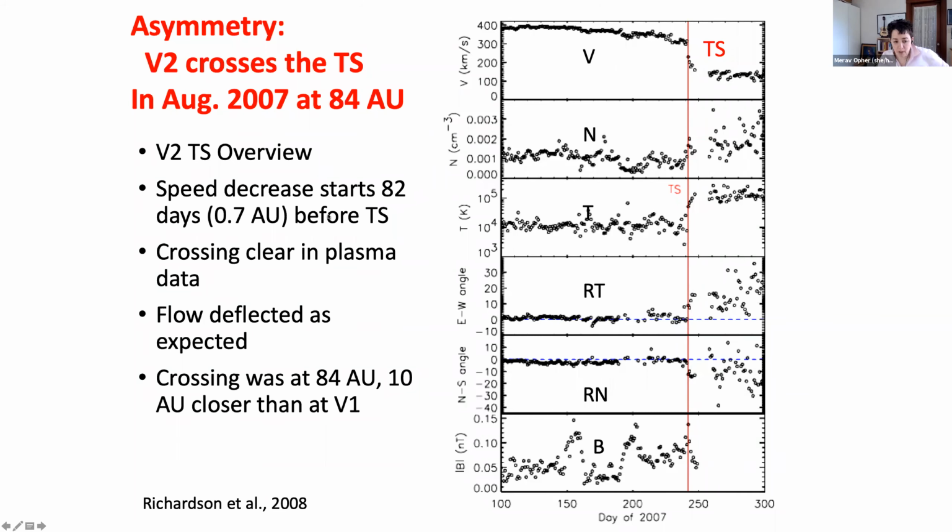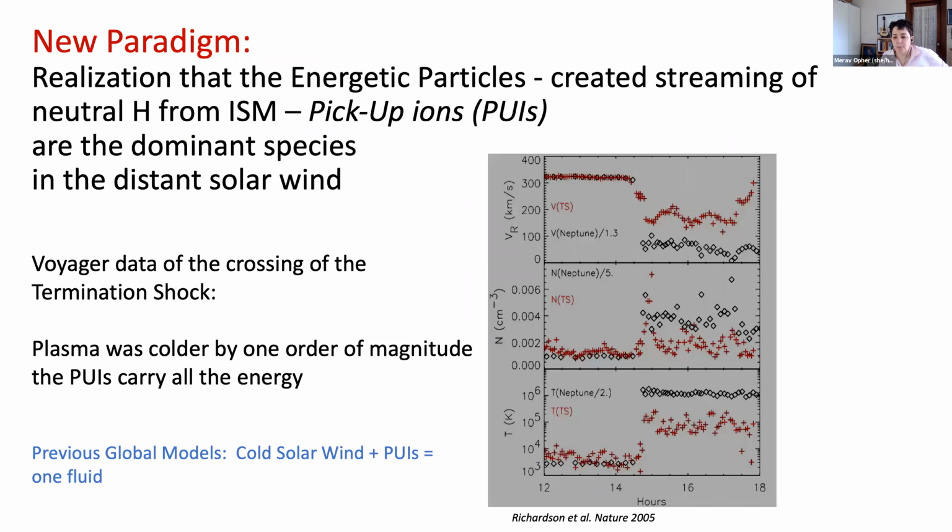Okay. The important part of this crossing was a new paradigm. When you look at the data of Voyager, this was published in Nature in 2005, and the speed, as I said, went down, not by a strong factor, but the density went up. When you use your usual Rankine-Hugoniot conditions of conservation of energy and mass flux through a shock, the solar wind that has a certain density and a speed of 400 kilometers per second needs to be converted into heat.